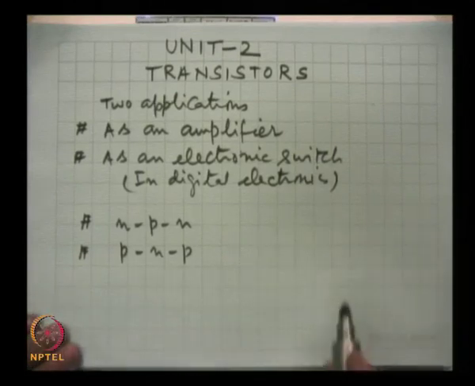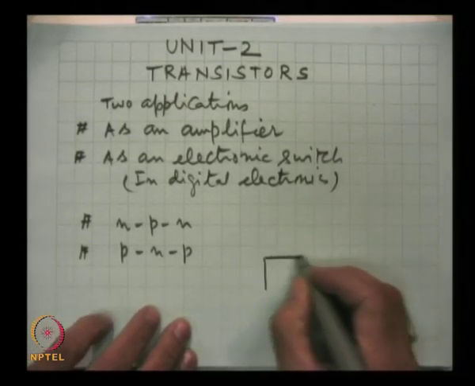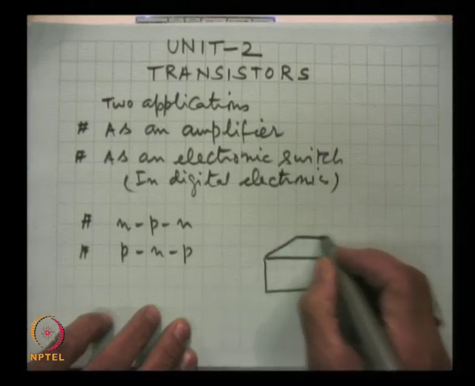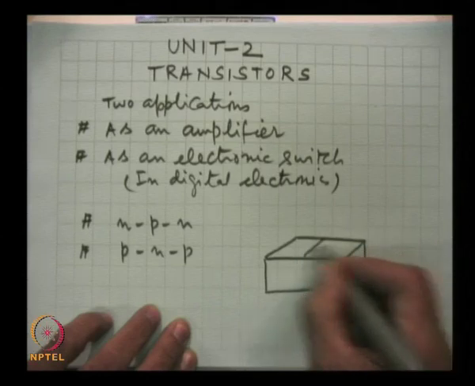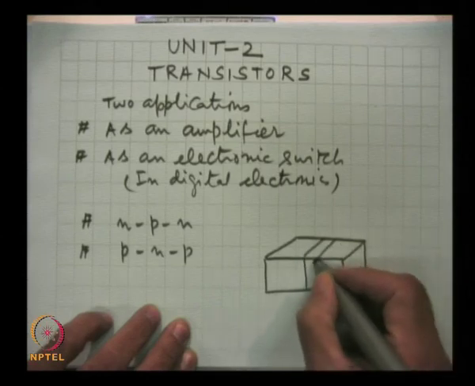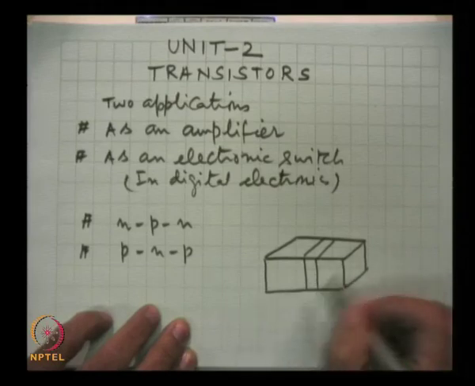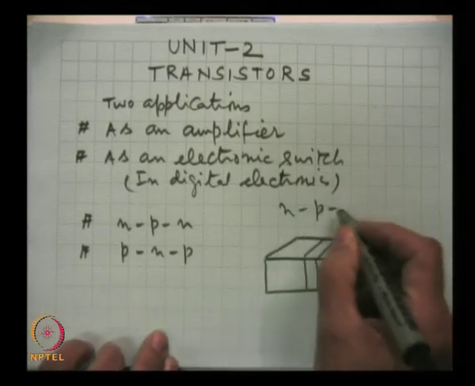An NPN transistor can be shown, for example, like this. This is the three dimensional figure for a transistor, where we are talking of NPN.